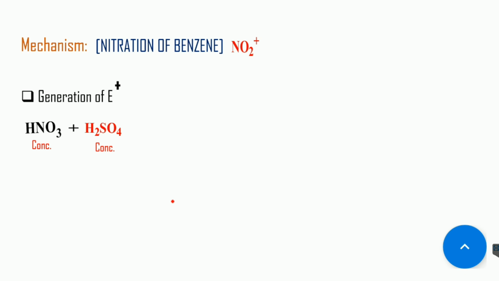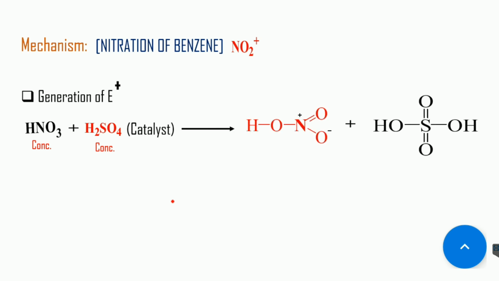We can draw structures instead of the molecular formula. For HNO3 the structure is like this, and for H2SO4 the structure is like this. So here is the position where dissociation will take place. This oxygen has its lone pairs, so dissociation occurs easily in this place.